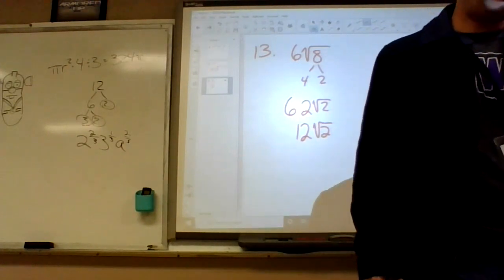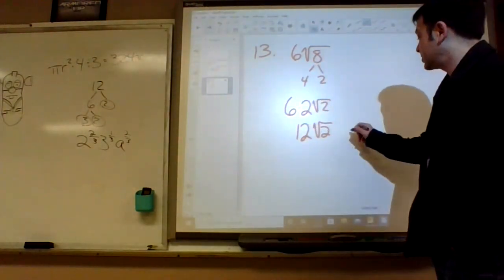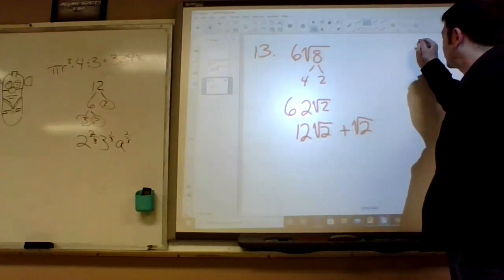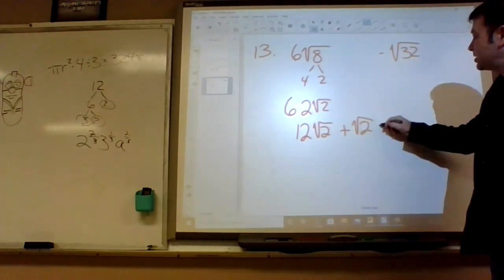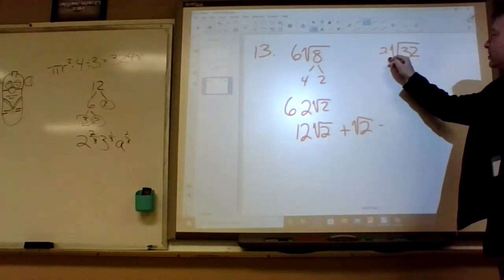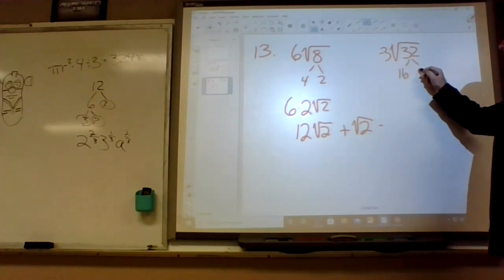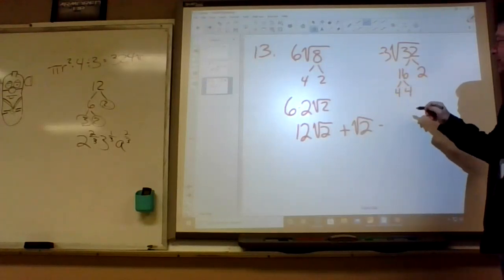Okay, and let's see, what else did we have? Plus square root of 2, so that's not going to do anything. And then minus 3 square root of 32. Okay, 32 is 16 times 2, and the square root of 16 is 4.